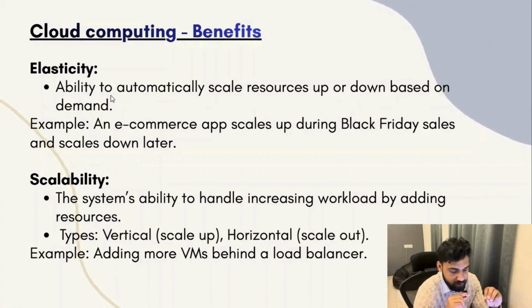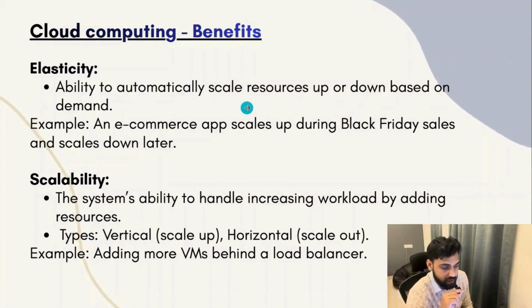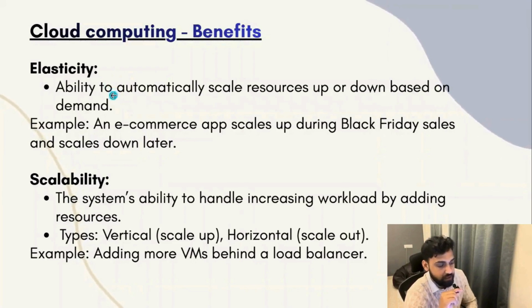In order to handle those requests on a particular day or at a particular moment, you have a feature called elasticity. With this feature, you can scale up or down based on the demand. Suppose you have one server on normal days, but on a special day you can buy a replication of that server.